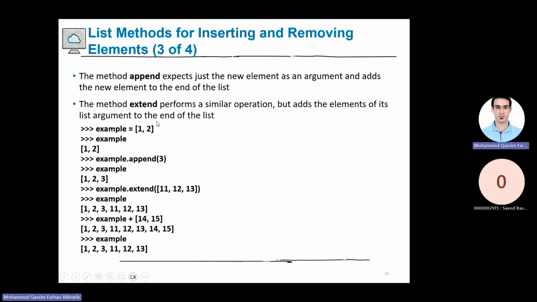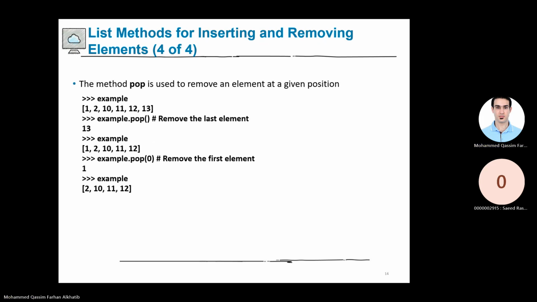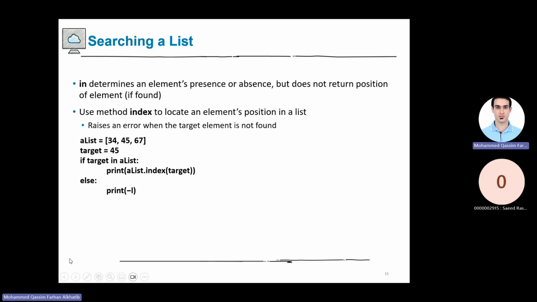I've shown you an example of both. Again, extend is pretty much like concatenation. Pop removes an element at a given position. So the last one, and there's an example here, pop 0 removes the first element.